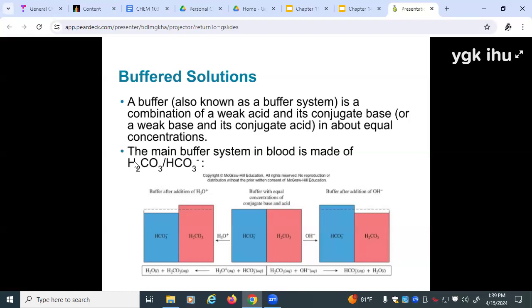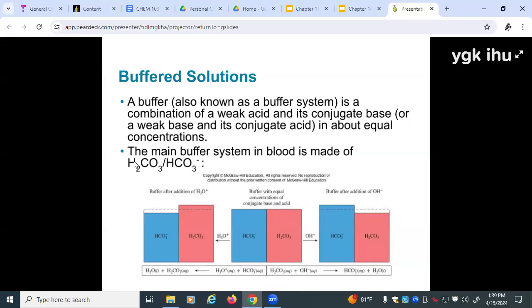So in your blood, you have roughly equal amounts of carbonic acid and bicarbonate ion. And so this allows you to do things like eat acidic and basic foods, expose yourself to different kinds of environments, and not go into septic shock.